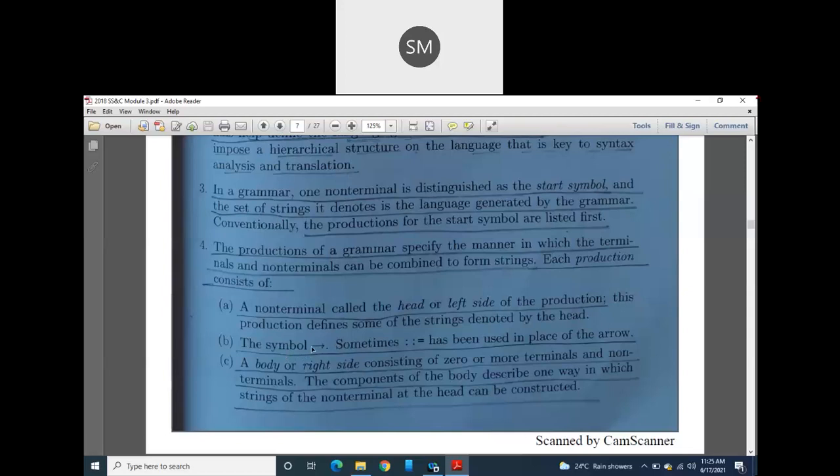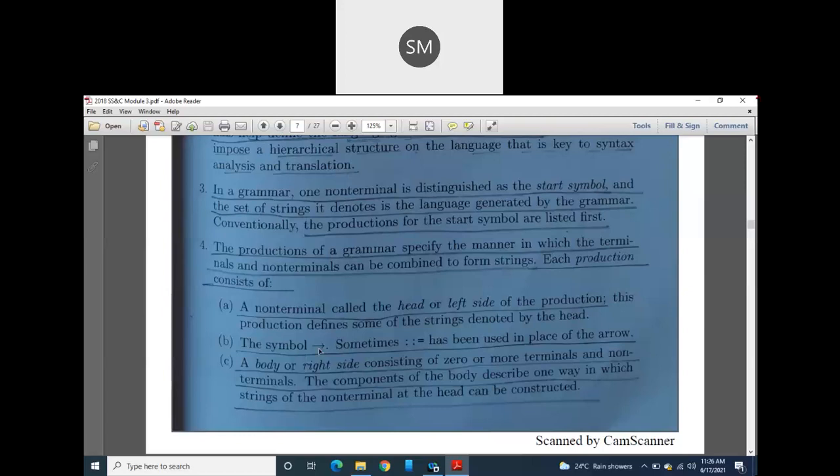This arrow mark, we sometimes denote by using the double colon equal symbol. Why, sir? Because in our keyboard we don't have a right arrow mark. Of course we have a right arrow key, but it is a navigation key, used to move your cursor forward, not to print an arrow mark on your screen.